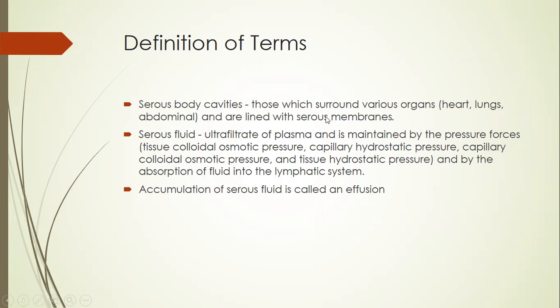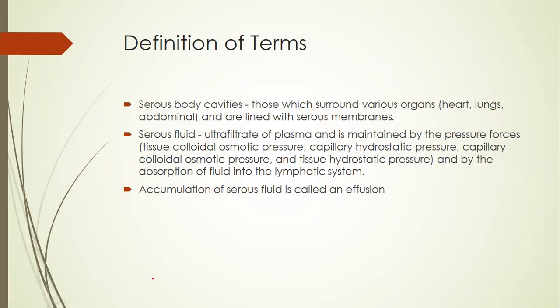And these cavities are usually lined by membranes, so serous membranes. Now, your serous membranes may be parietal or visceral. Those directly lining the organ we call the visceral membrane.